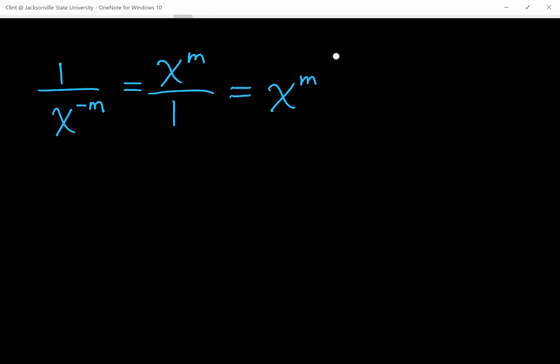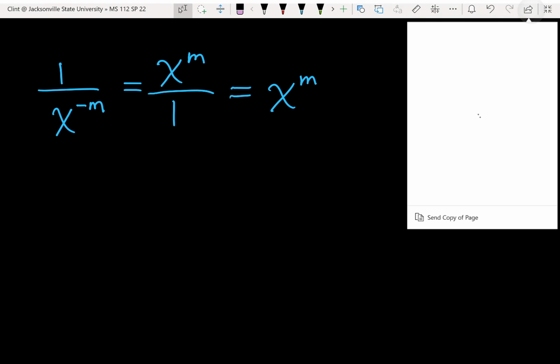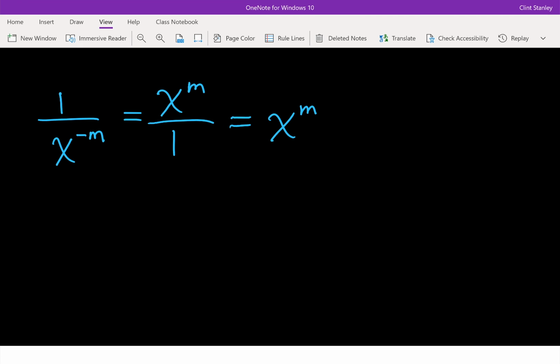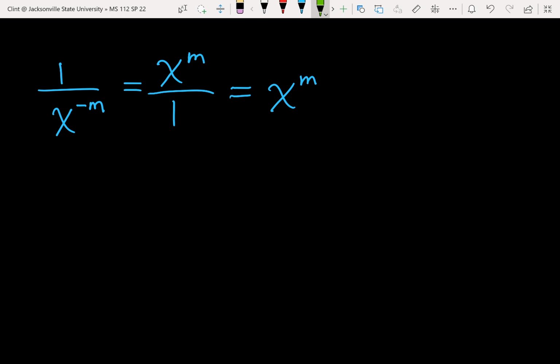Usually when we're thinking about this property, we think about starting here. We want to get rid of a negative exponent, so how do we change that exponent to positive?